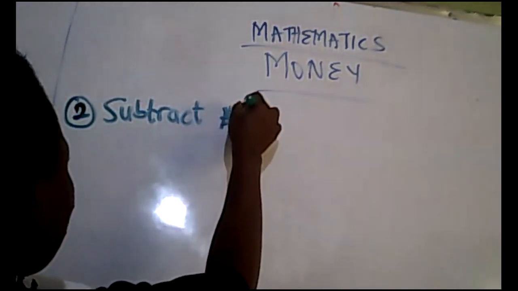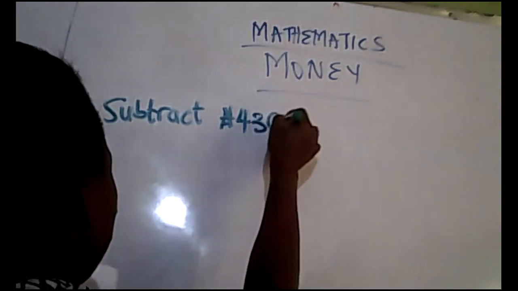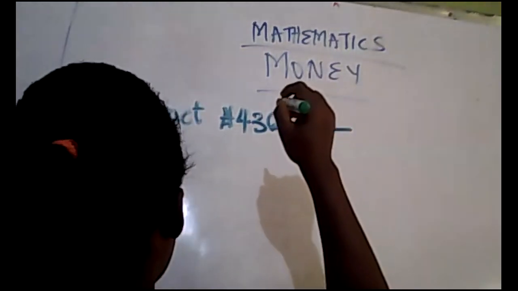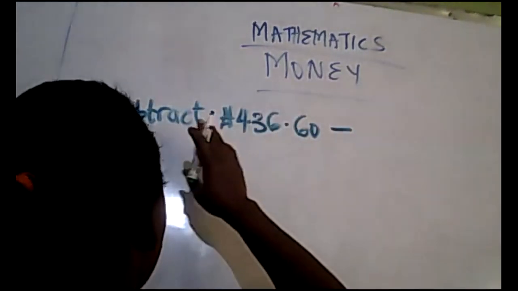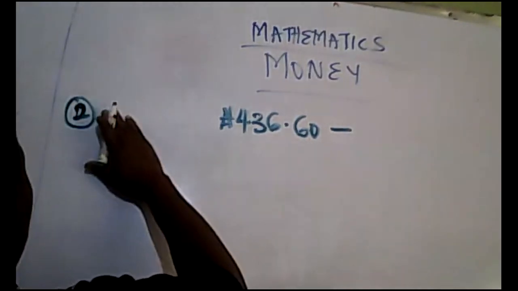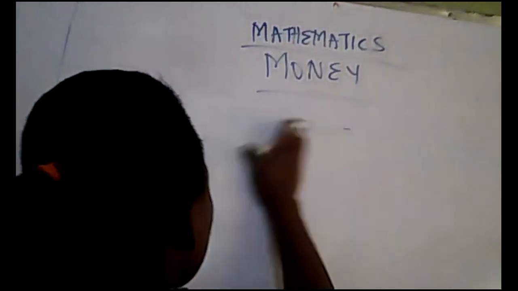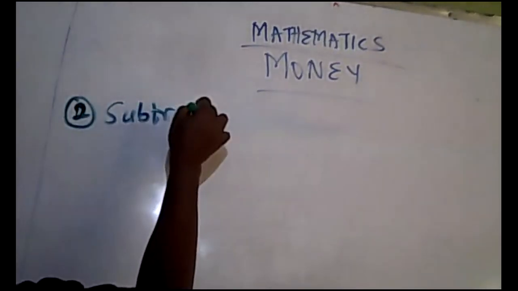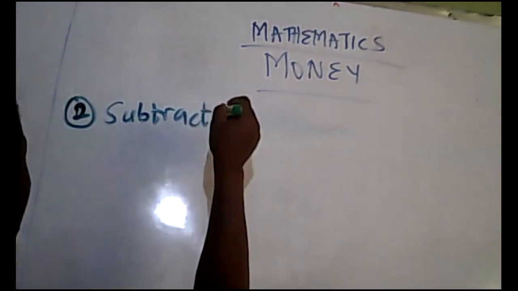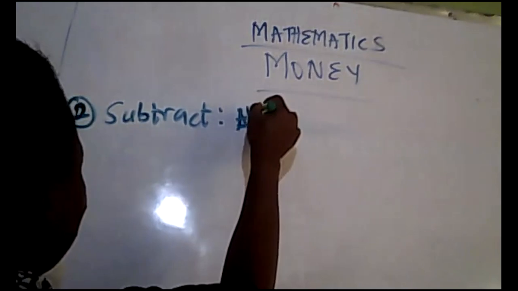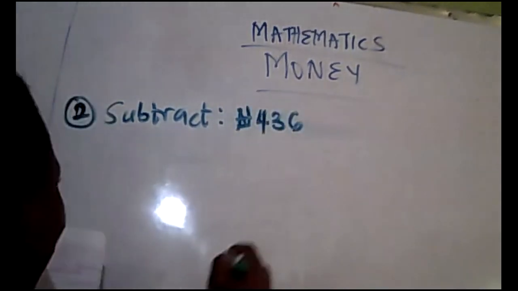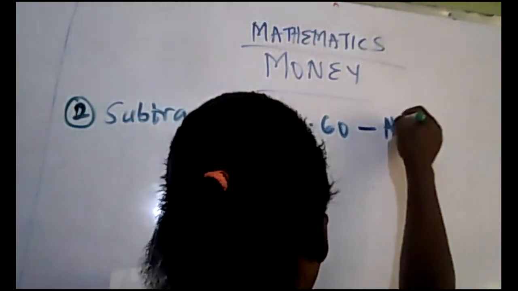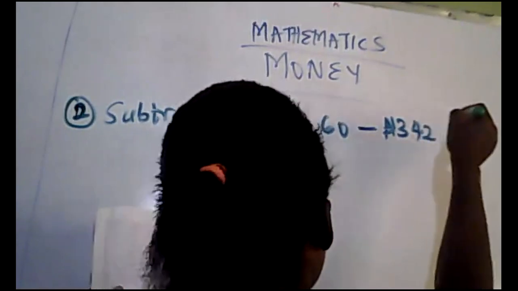Subtract 436 naira 60 kobo, take away 342 naira 20 kobo.